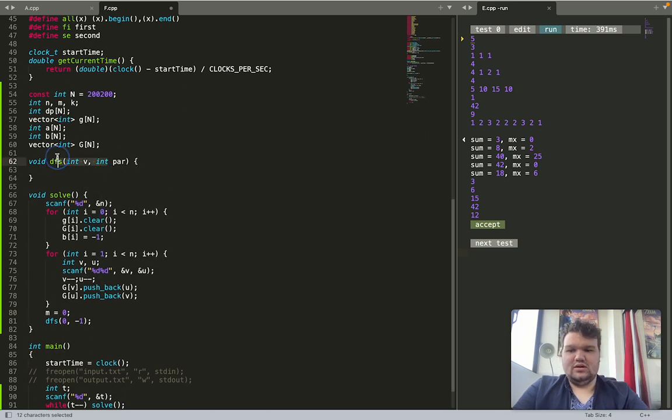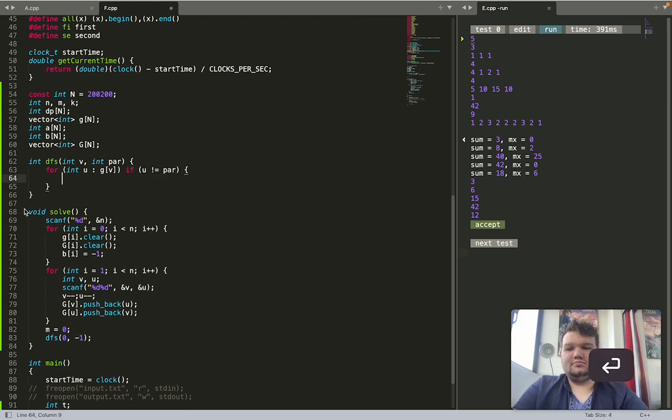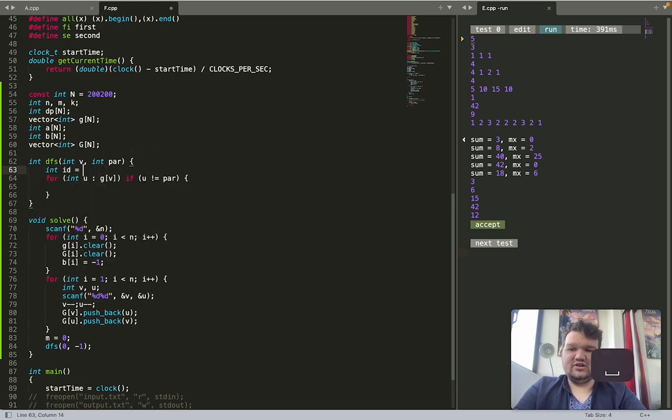DFS. Let's say it will return the new ID of this vertex. So we're trying to go everywhere except our parent. Our new ID will be m, and then we increase m.